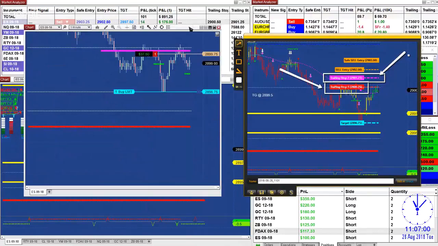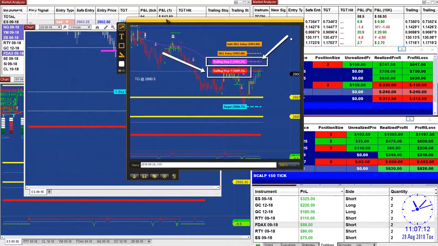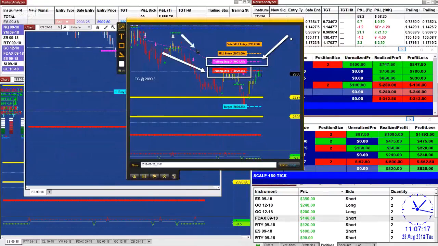But why not, if you have two screens, let those auto trades run on one screen, and I would like our traders to practice on that one and that one only, taking those trades here.